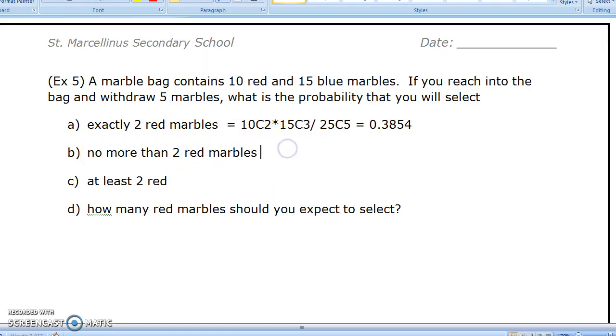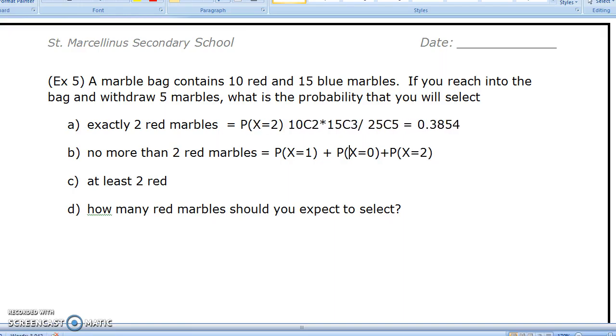Again, if we want no more than 2 red marbles, that would be equivalent to saying P that x is equal to 1 plus P that x is equal to 0. No more than 2, in fact, includes 2, so we'll have to add x equals 2. We've already solved x equals 2 up here.